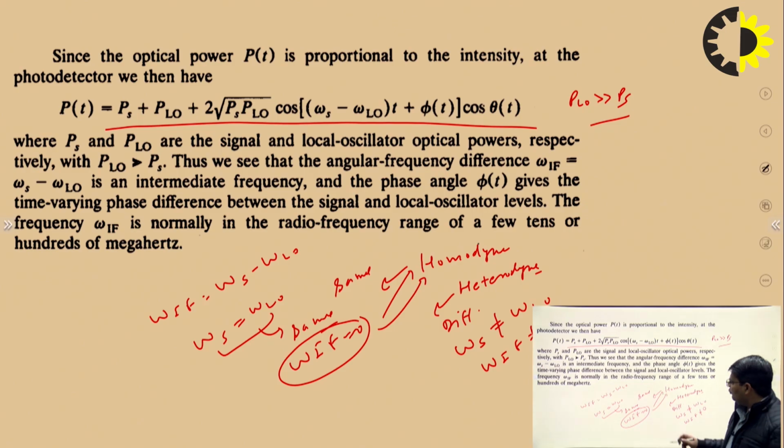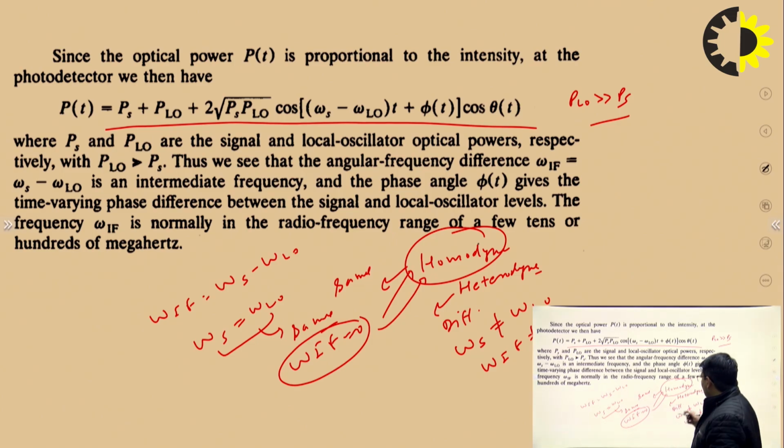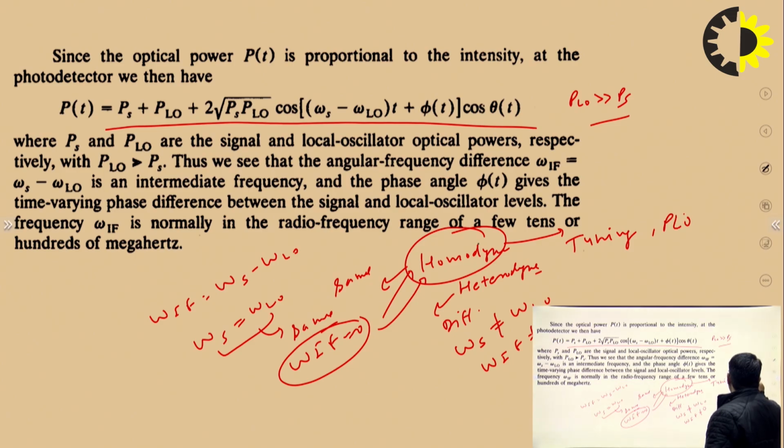In the case of homodyne, we have to match the characteristics of the two. So there will be a requirement of tuning, or we have to use some kind of PLL circuit, phase lock loop, and moreover this tuning and mixing is not easy.